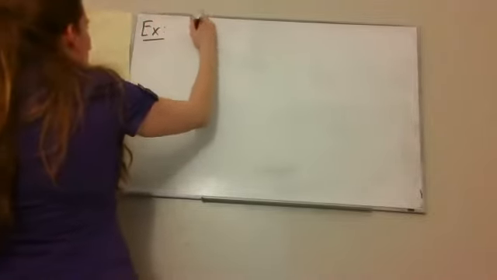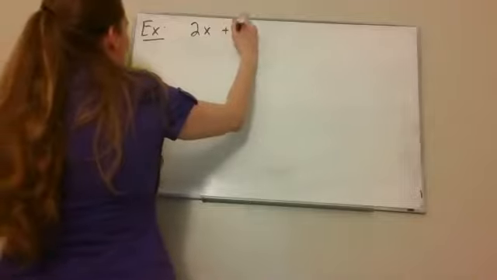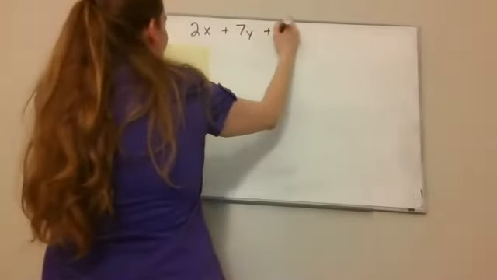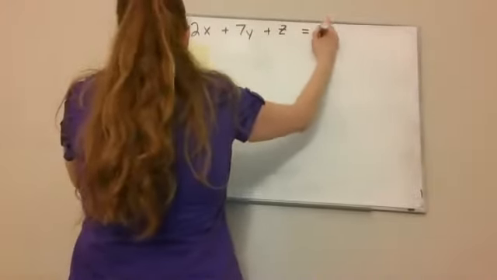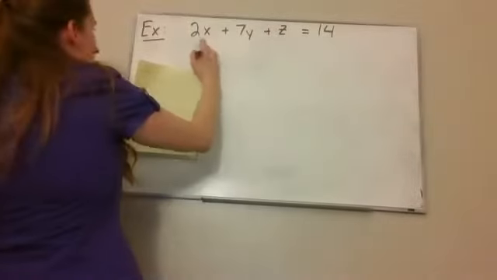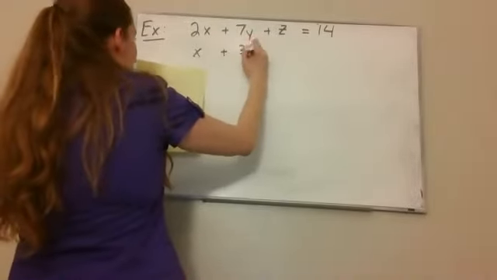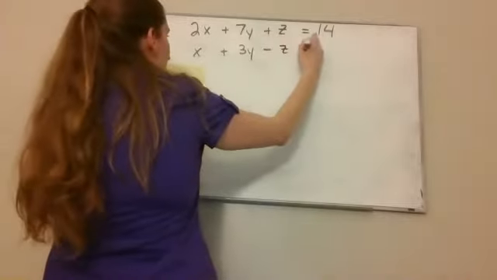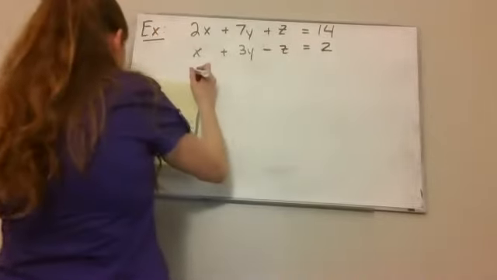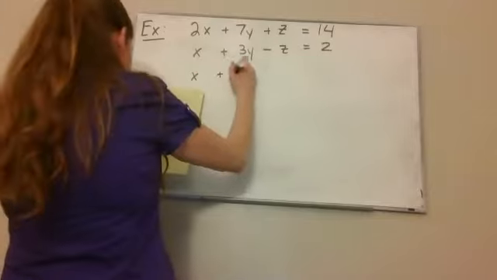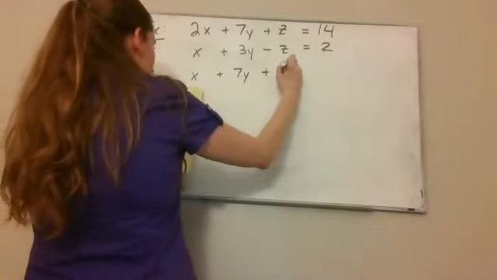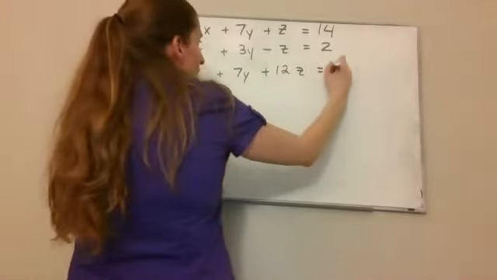So let's solve 2x plus 7y plus z equals 14, x plus 3y minus z equals 2, and x plus 7y plus 12z equals 45.